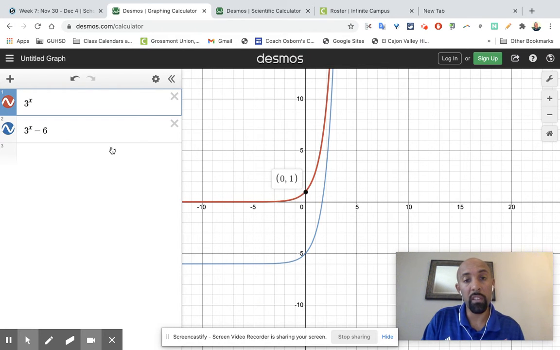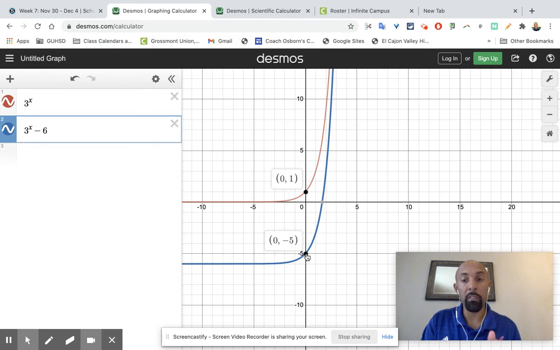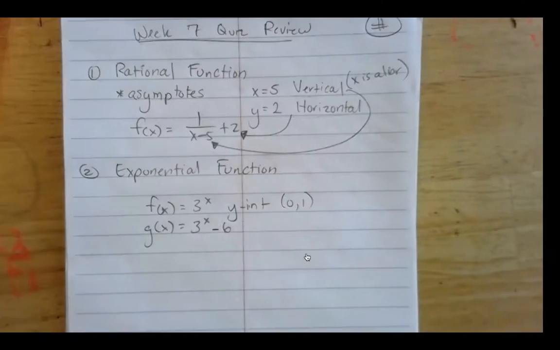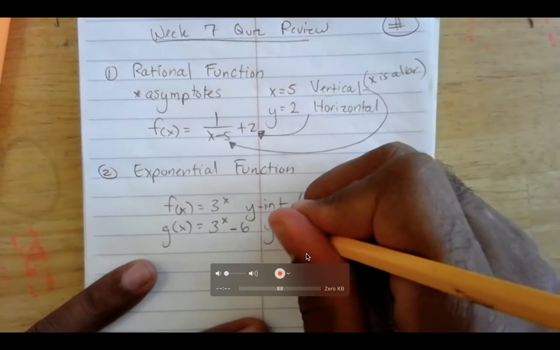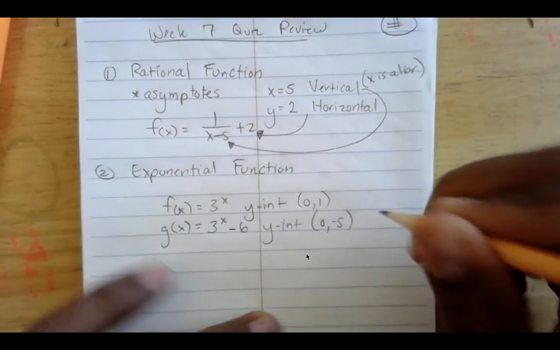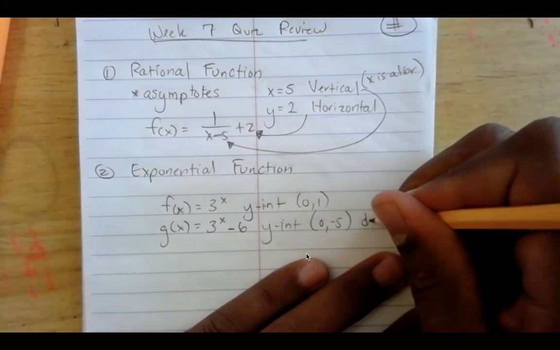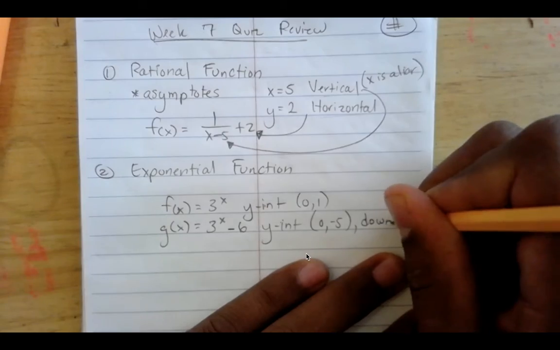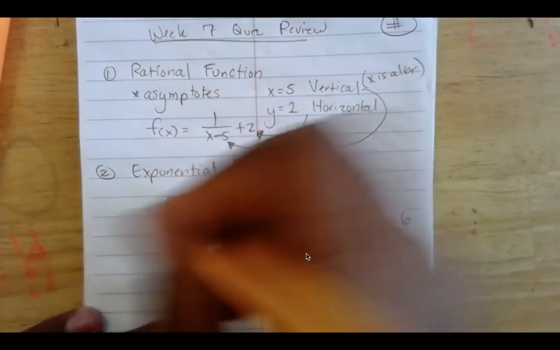It shifts down 6 units, so it goes from 0, 1 down to 0, -5. Even the y-intercept shifts 6 units down. We'll say the transformation is down 6.